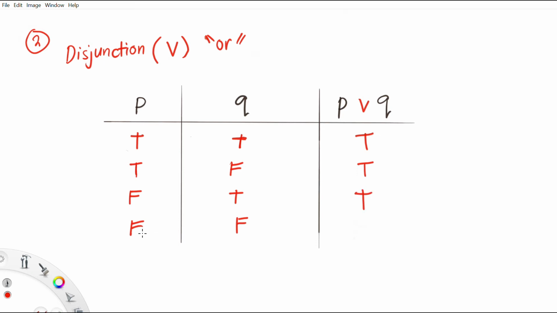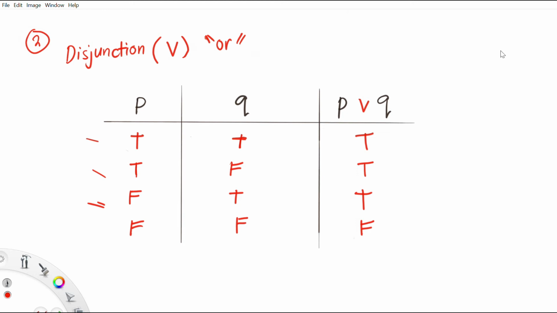And for false or false, we have false. Notice that any combination that consists of a true in truth value, the corresponding result with the disjunction or is also true, except when both are false, then the result is also false for the disjunction.